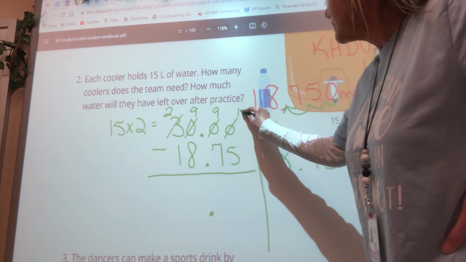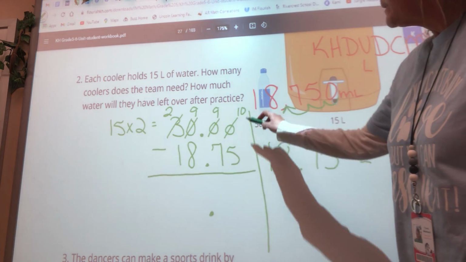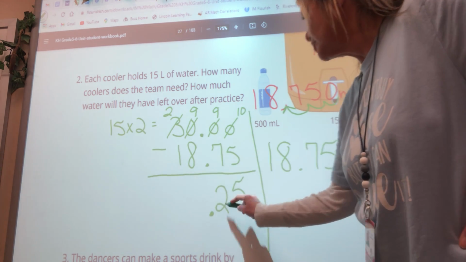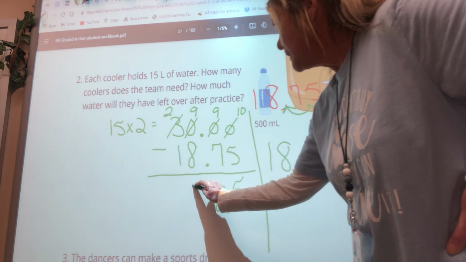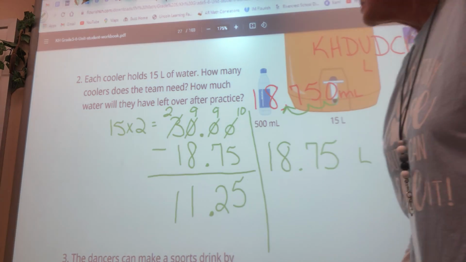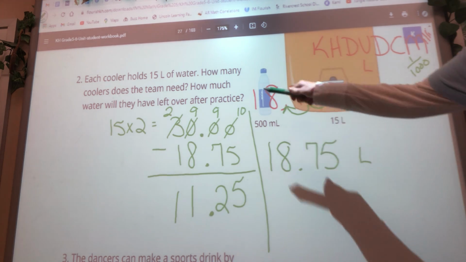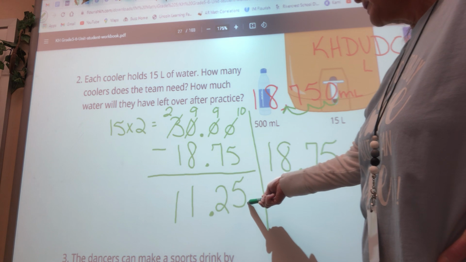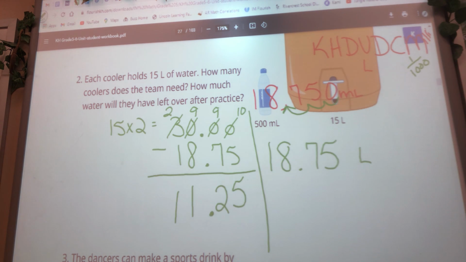And then he will be 10. So 10 minus 5 is 5. 9 minus 7 is 2. 9 minus 8 is 1. And 2 minus 1 is 1. So it's asked how much would be left over after practice: 11.25.